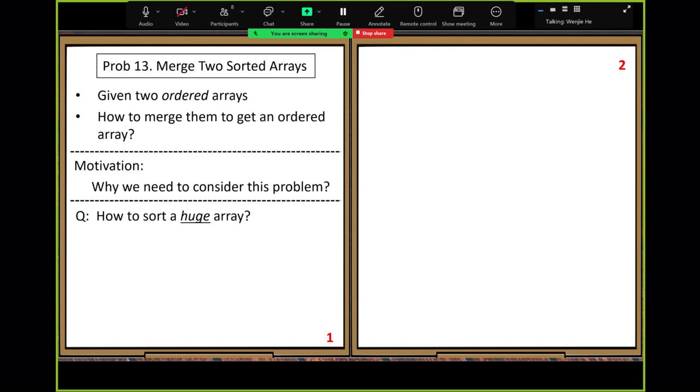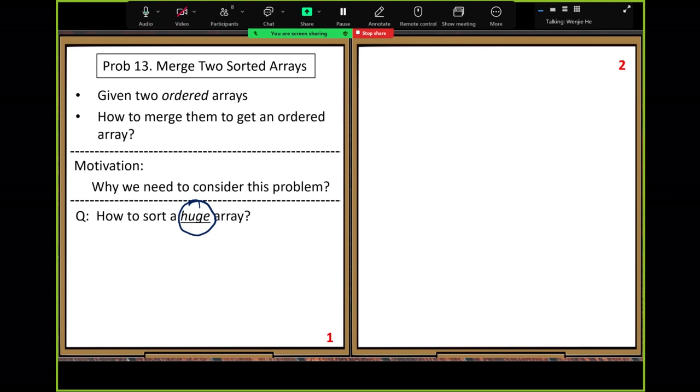Now think about how to sort a huge array. How huge is it? In the real world, we are in the big data era, so you can imagine it's pretty common that the data you need to process could be of huge scale.